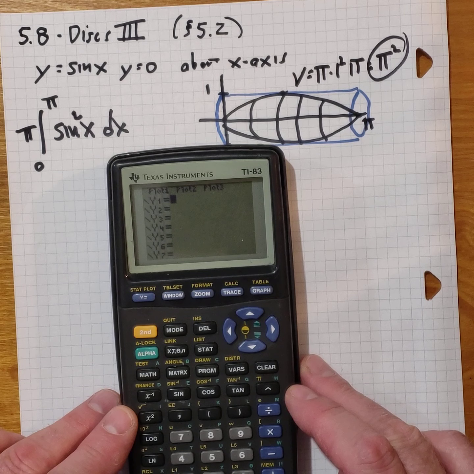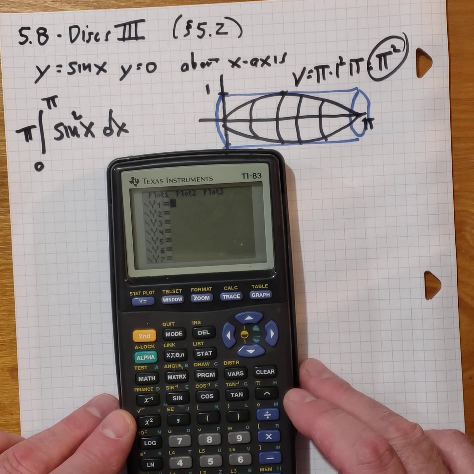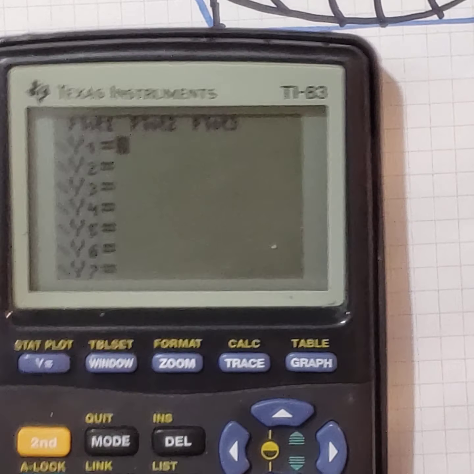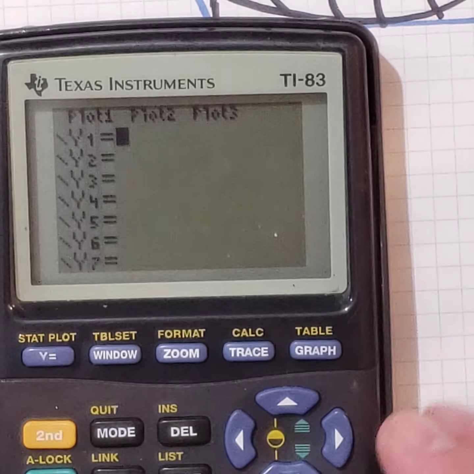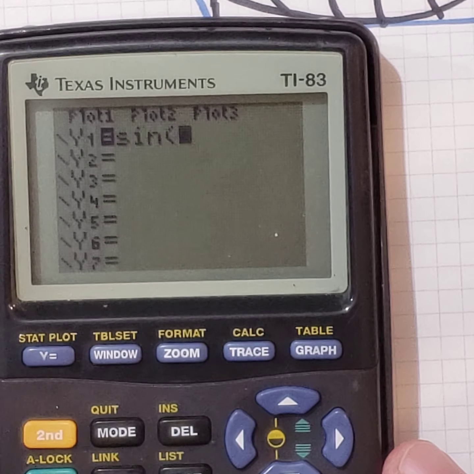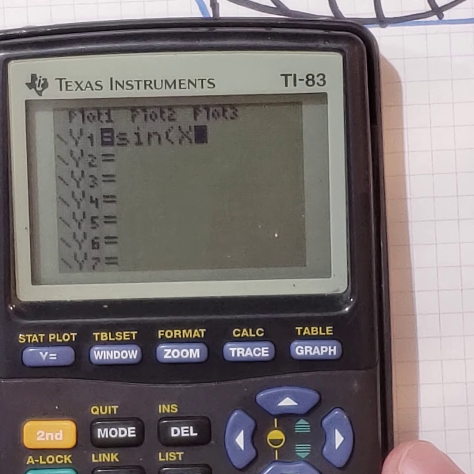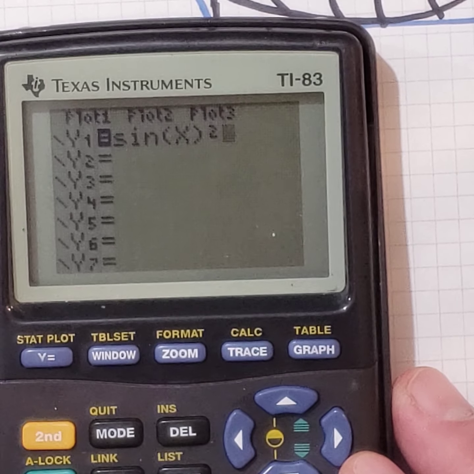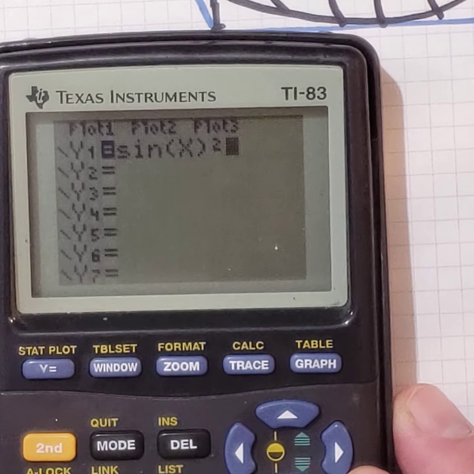So what we're going to have to do is use our calculator for this here. And it's fairly easy to do. Let me zoom in a little. Right. All we need to do is put in sine of x squared. Whoops, sorry, not sine of x. Sine of x, close the parentheses, squared. That'll give us sine squared.